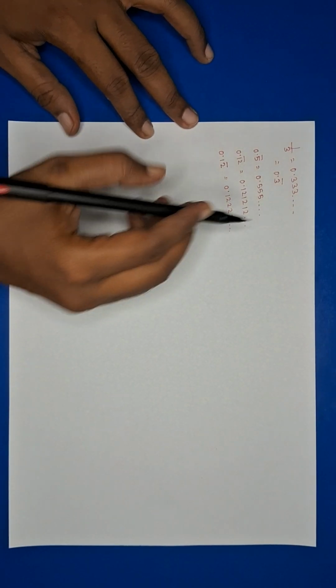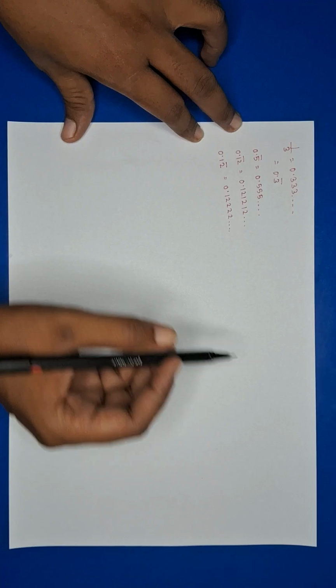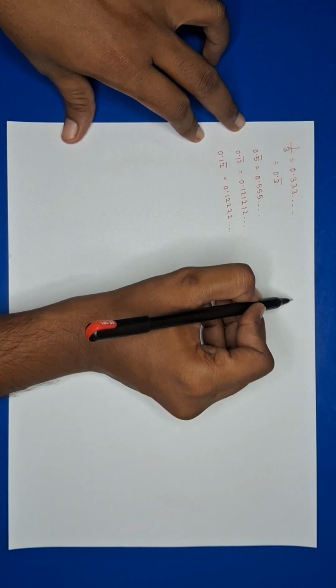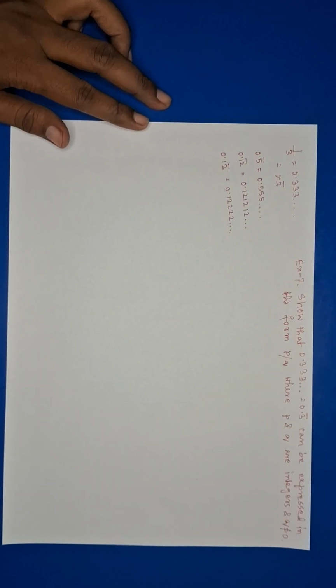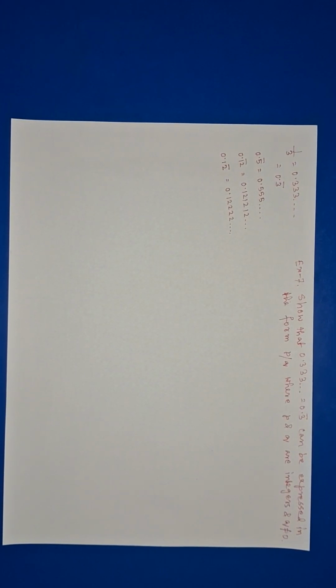Now let us go to the NCERT example. Let us go through example 7 of the NCERT book, where it has been written: show that 0.333 dot dot dot, that is equal to 0.3 bar, can be expressed in the form of p by q, where p and q are integers and q is not equal to 0.